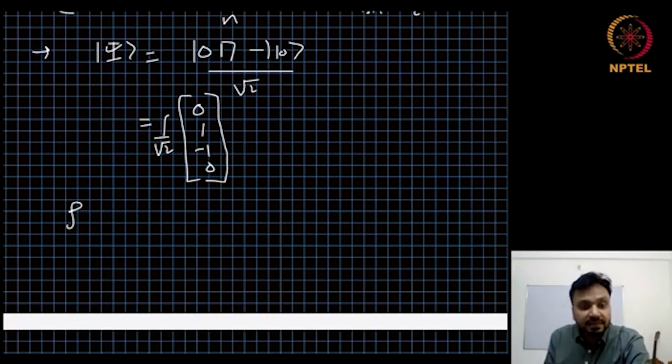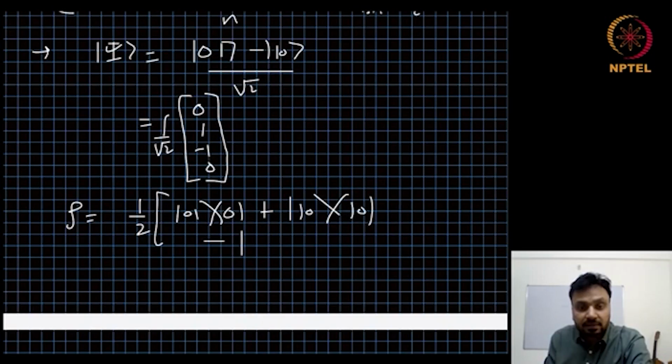So the density matrix corresponding to this will be 1 over 2 times (|01> plus |10> minus ... ), with the outer product terms |01><01| plus |10><10| minus |01><10| minus |10><01|.